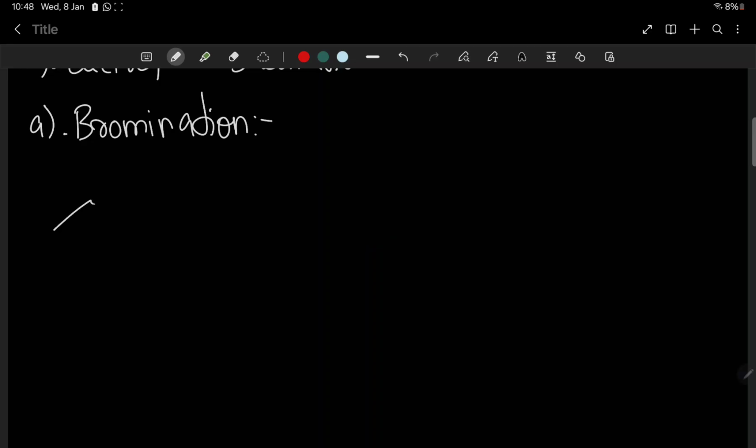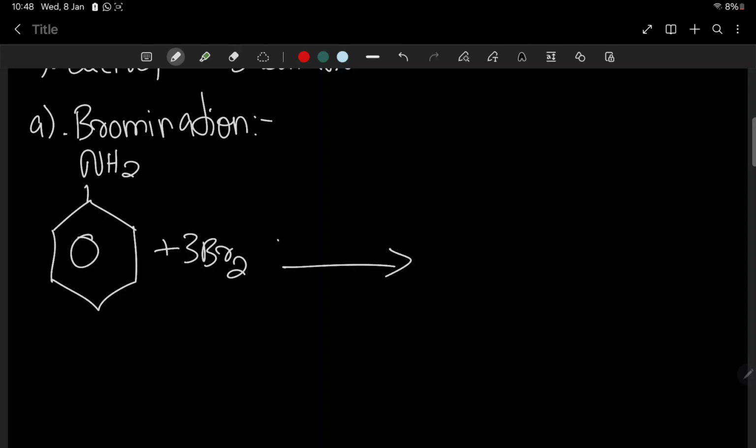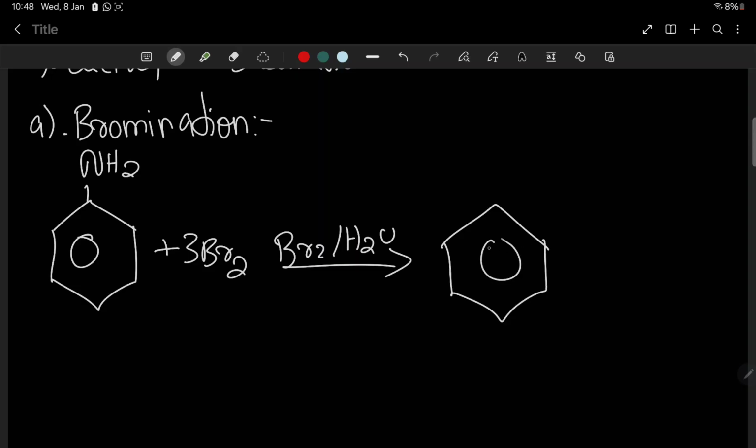Okay, understood? Now we have aniline, and if we are adding bromine water at room temperature, a vigorous reaction happens, as we learned in phenol. If you add bromine water, the bromine vigorously joins at the ortho and para positions, all together. But in carbon disulfide, what happened?